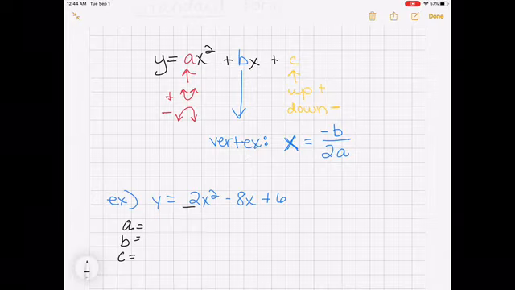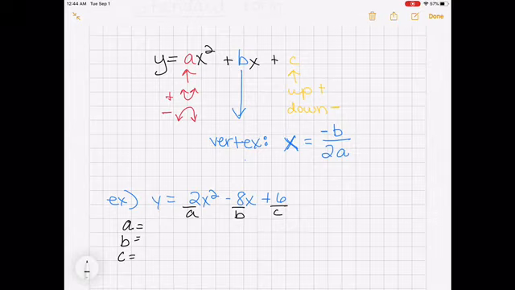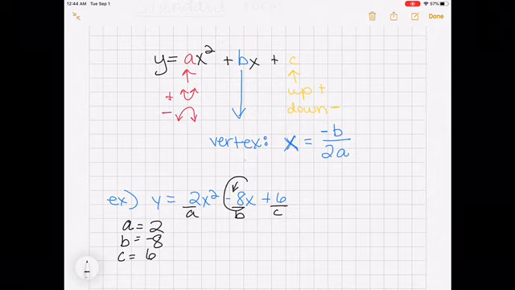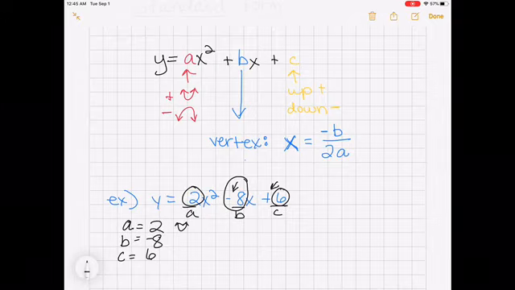I'm just going to write them over here so I have easy access to them. Keep in mind, whatever sign is in front goes on that number. If this is a positive, I know it's a positive 6 and so on. Okay, so remember, because the a value is 2, it's positive, so it's going to be going upwards. We know c is 6, so that's shifting everything upwards on the vertex by 6 units.